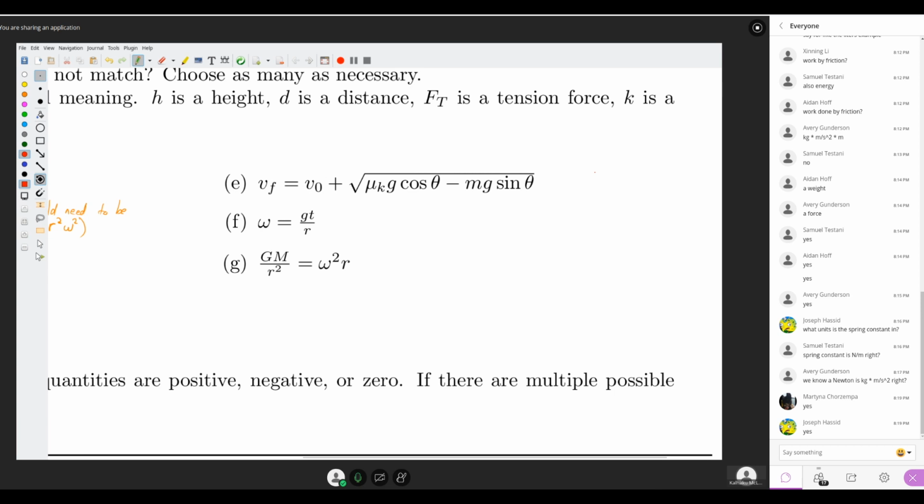All right, what about E? I'll let somebody in chat volunteer this one. Tell me if this equation makes sense and why or why not. How you knew. Obviously, these terms are velocities, but tell me about what's under the square root.